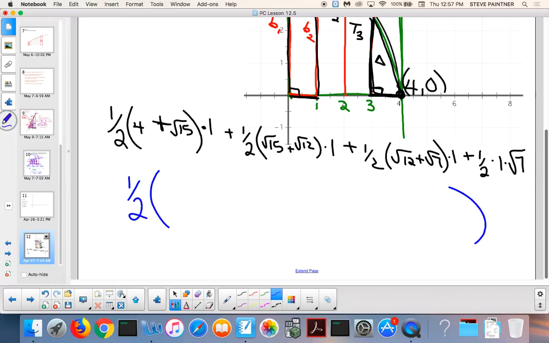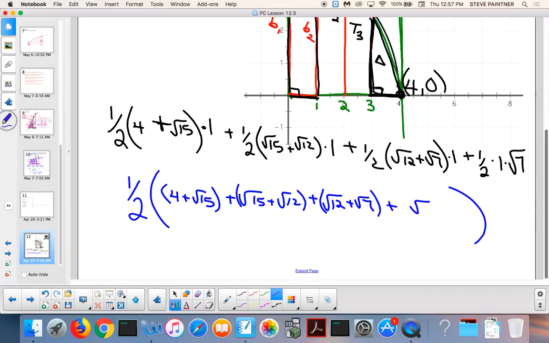And then inside you'd go 4 plus square root of 15 first, plus square root of 15 plus square root of 12 second, plus square root of 12 plus square root of 7, plus, what's the last one? Just square root of 7, yeah. Get the answer to that, cut it in half, and you're done. I mean, you could do it this way, or you could just type it all in.